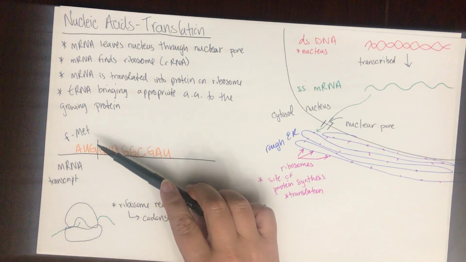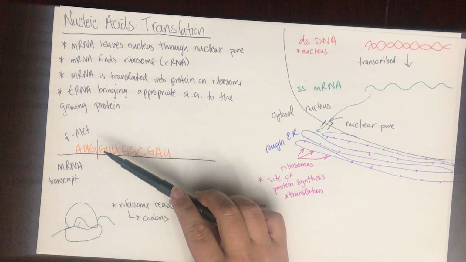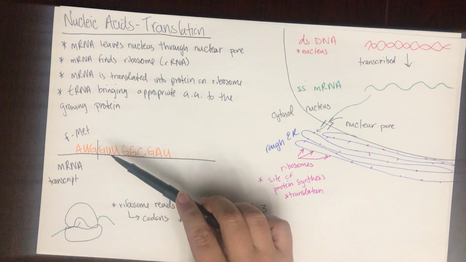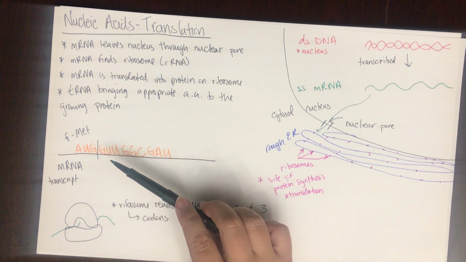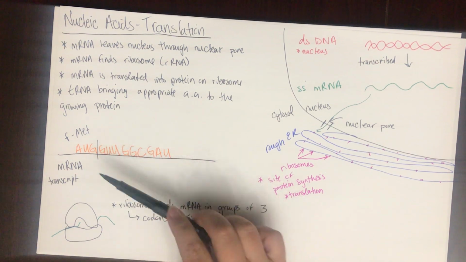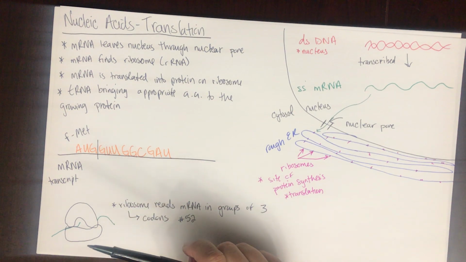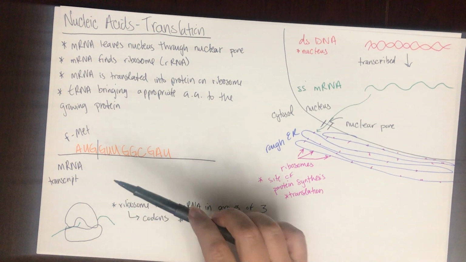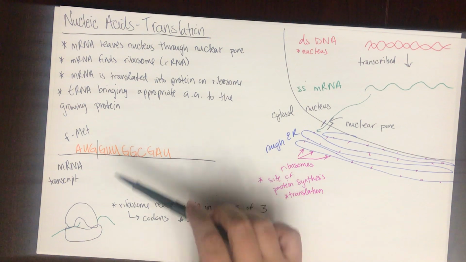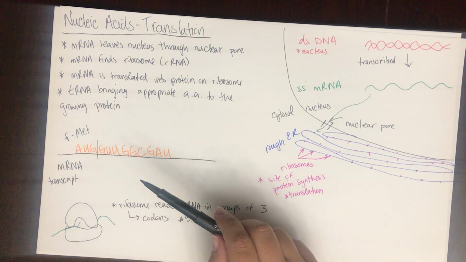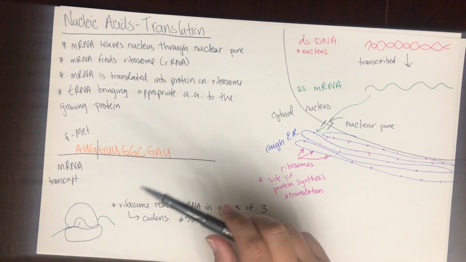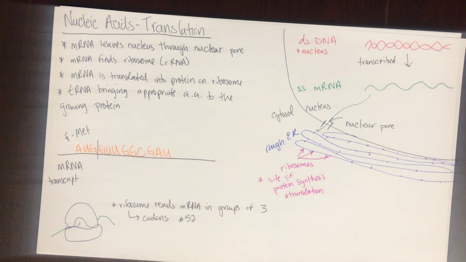Other methionines are coded for with other 3-letter codes, not AUG. Only AUG is for the first amino acid. Every protein starts with AUG.